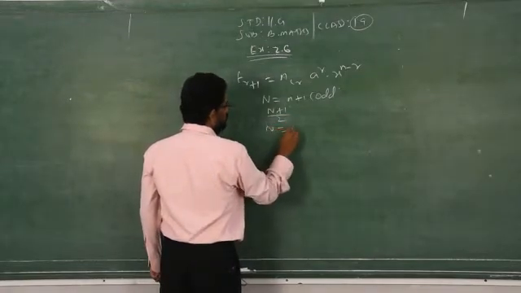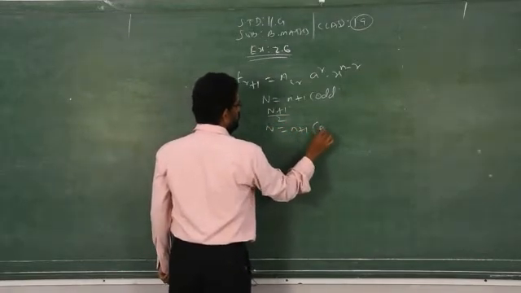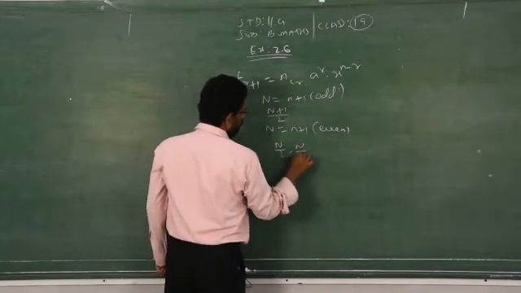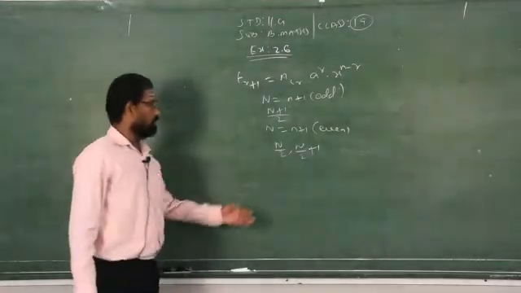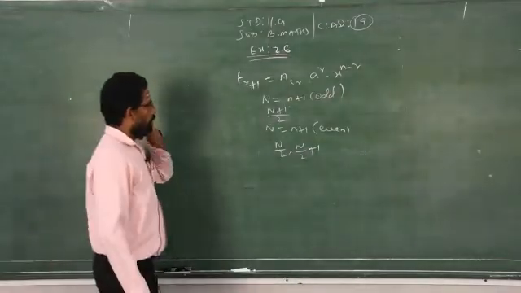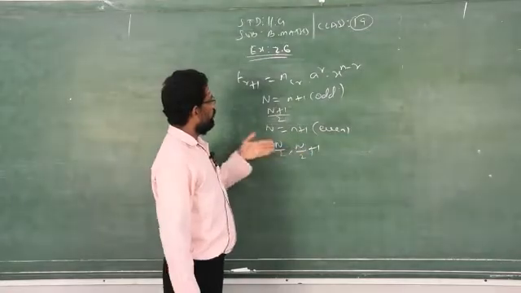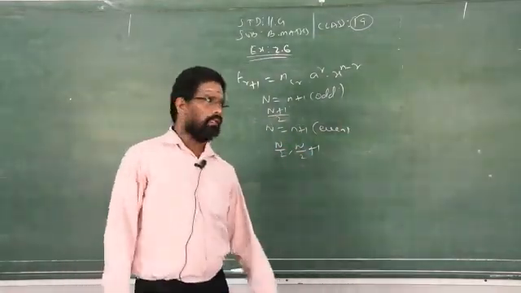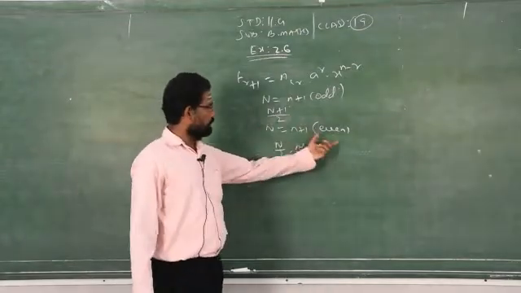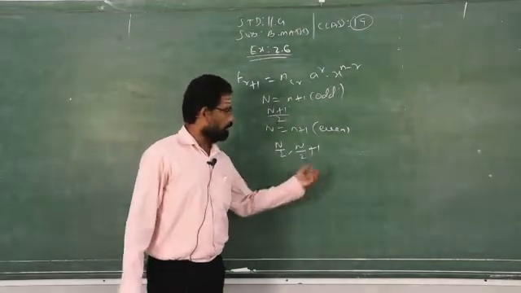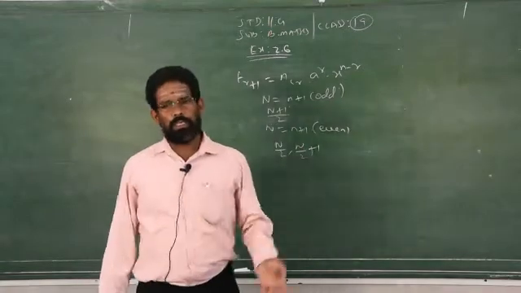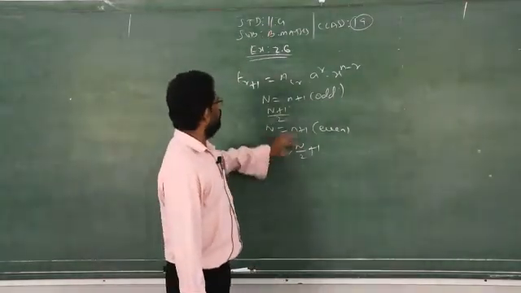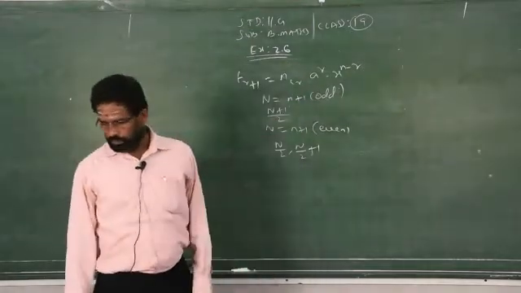If capital N is even, then the middle terms are n by 2 and n by 2 plus 1. This is just like finding the median, which is taught in 10th standard. The same concept we are using in the binomial expansion also.